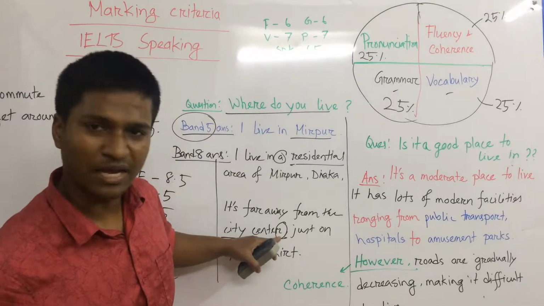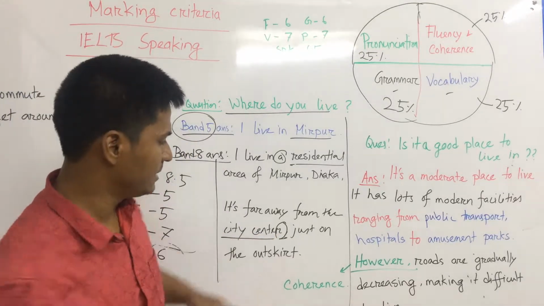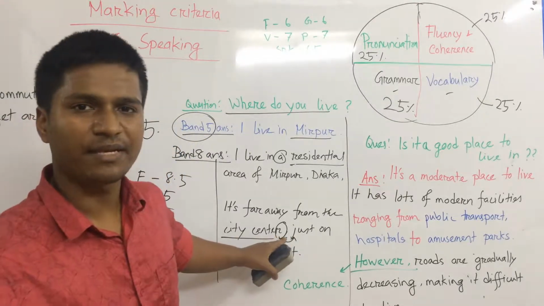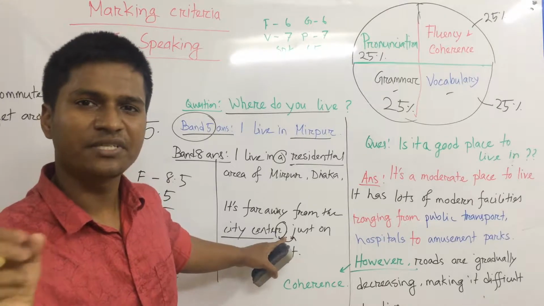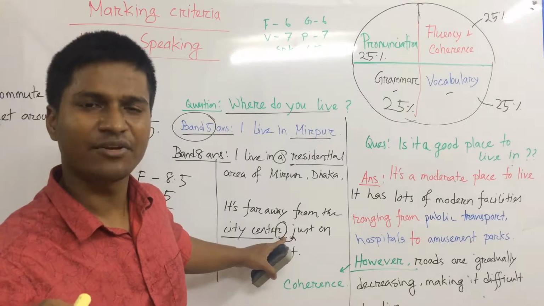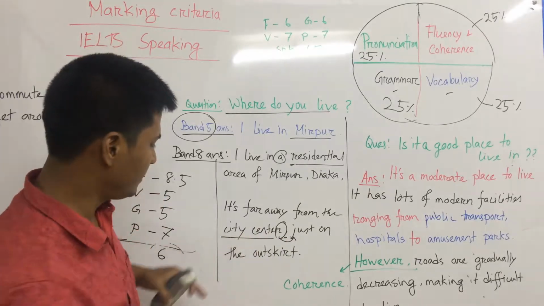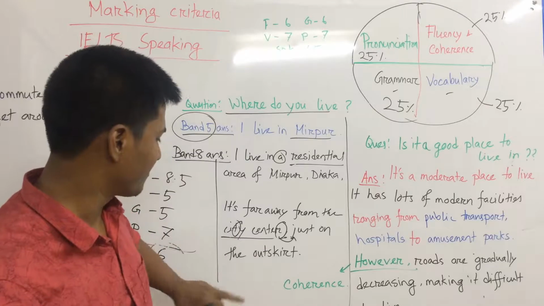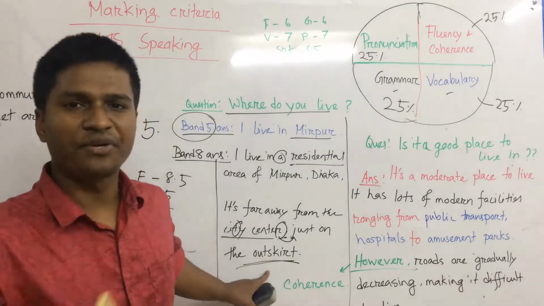Because this sound R shouldn't be pronounced, because after this R we have a consonant sound. So it would be something like city center, not center with the R. Here, city center. Okay. And outskirt is the boundary.